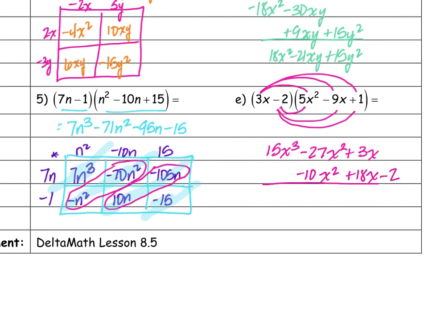And notice I kind of shifted them over, so I just made columns of the like terms when I did this. So I've got 15x cubed minus 37x squared plus 21x minus 2. And that's it.